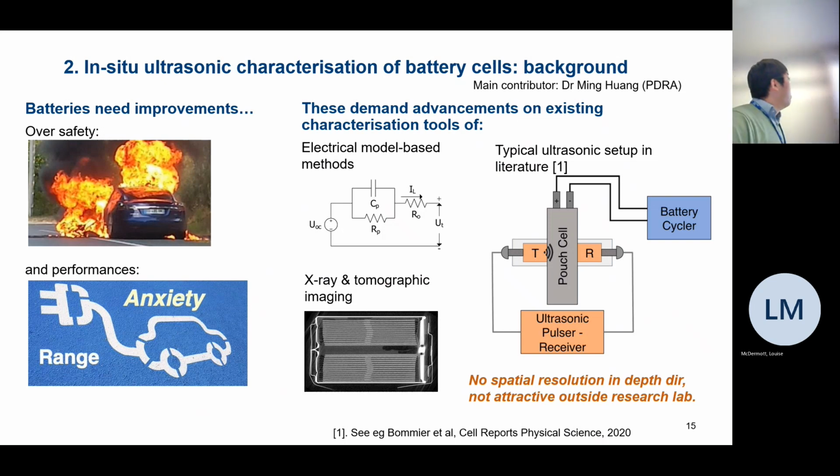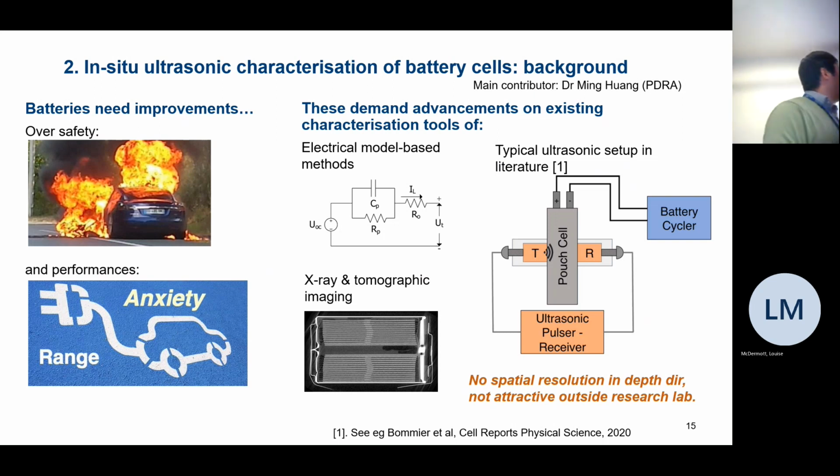And as we know, batteries need improvements over safety and performances, and ultrasound could potentially bring advancements to the characterization of properties over the traditional electrical-based methods as well as X-ray tomography, because they are simple, cheaper, and more available in terms of integration into operando operations.